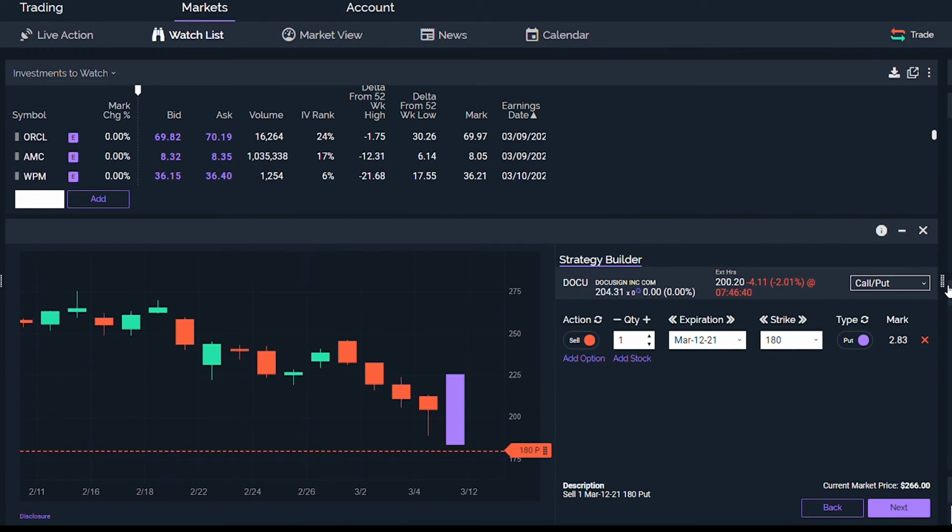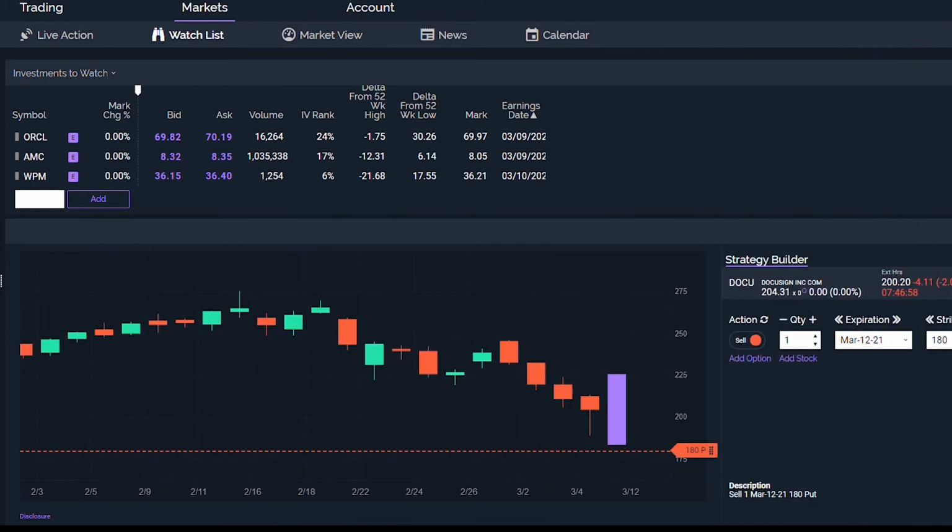We could sell this $180 strike price for DocuSign for $226. Then the idea is that implied volatility will drop and we'd be able to buy this back for less money and make a little bit of profit off of that.